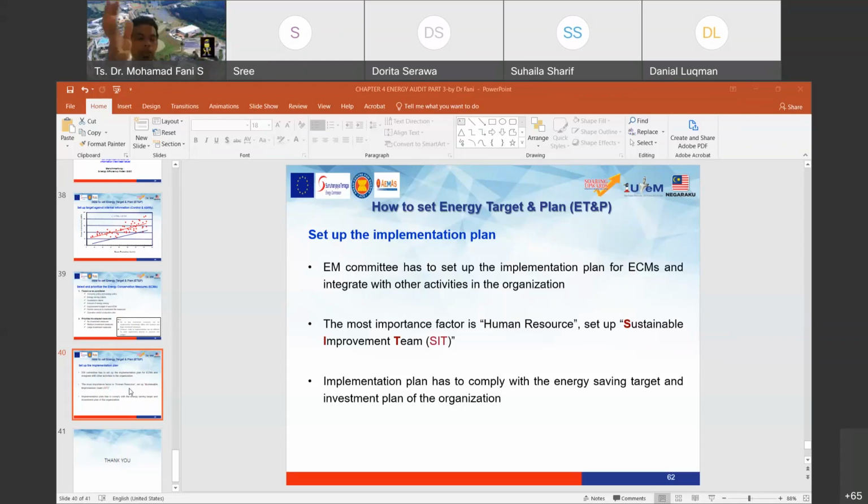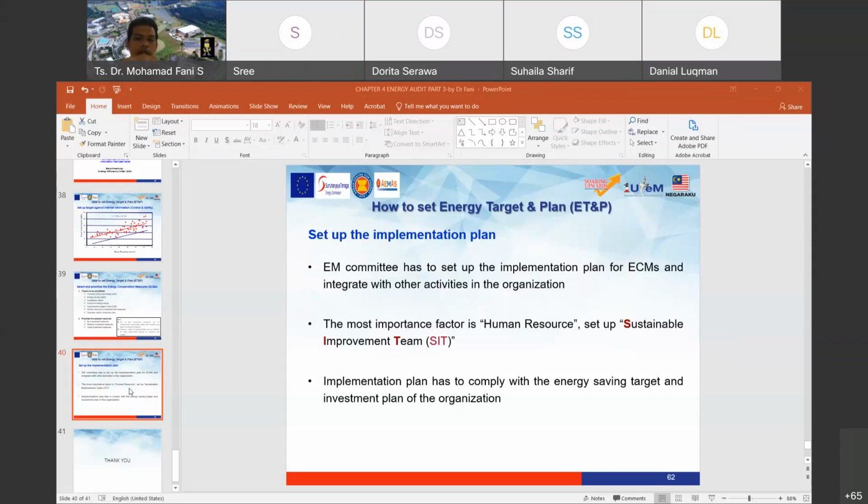It is important to have a specialist team, a sustainable improvement team, for the specific tasks. For example, to replace the lighting with LED. So you have a special team that really understands what they want to do to replace the LED. They have their special knowledge and technical skill.